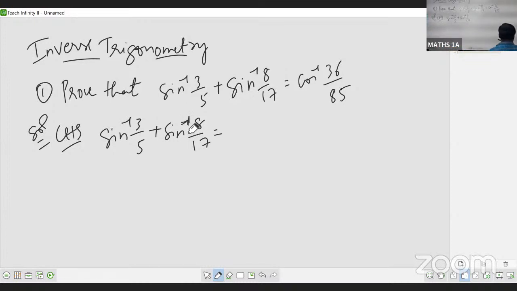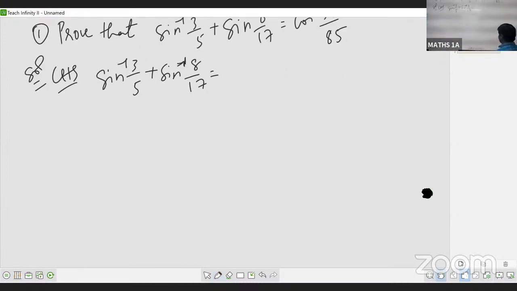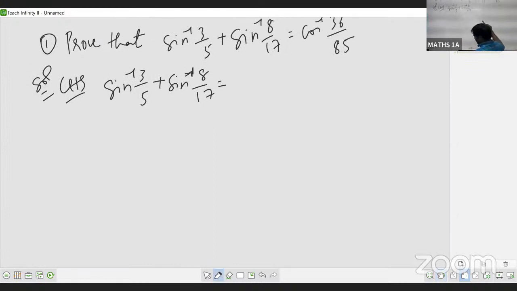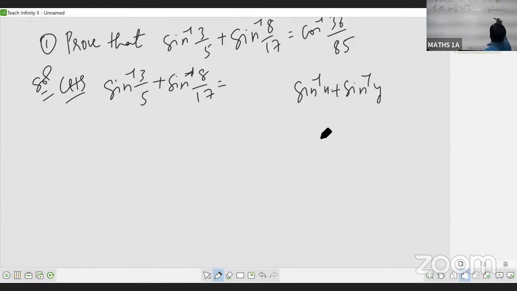Is it clear? See here, I will write the formula. First, let us write directly sine inverse x plus sine inverse y in terms of cos inverse.